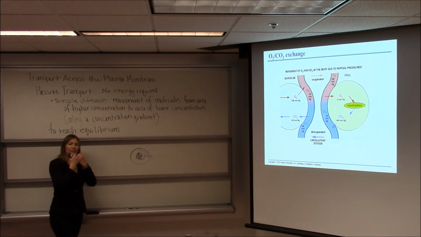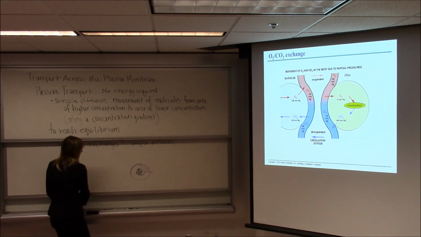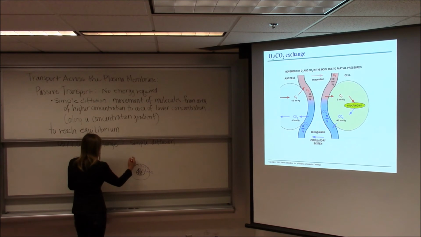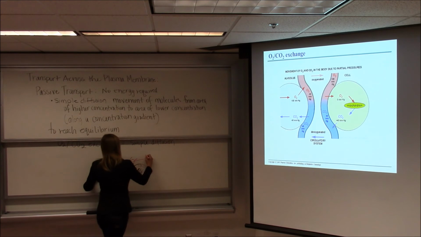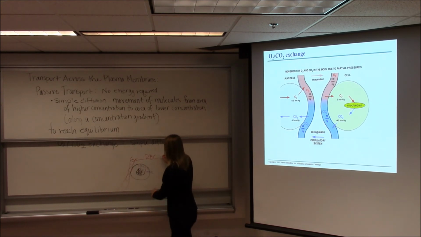A red blood cell that's just coming from the lungs is going to be the opposite. We have these little capillaries up against our body cells, and those red blood cells that are cruising by, I'll abbreviate RBC, they are high in O2, low in CO2.